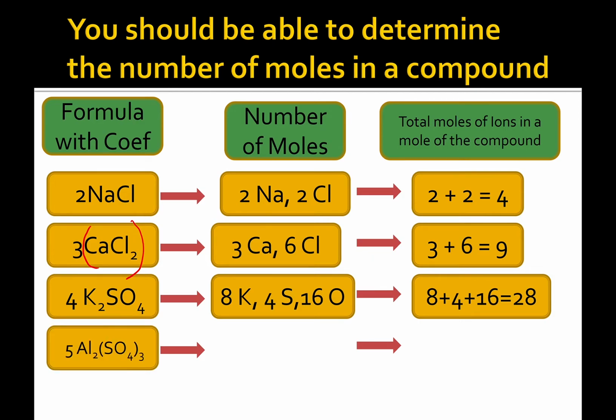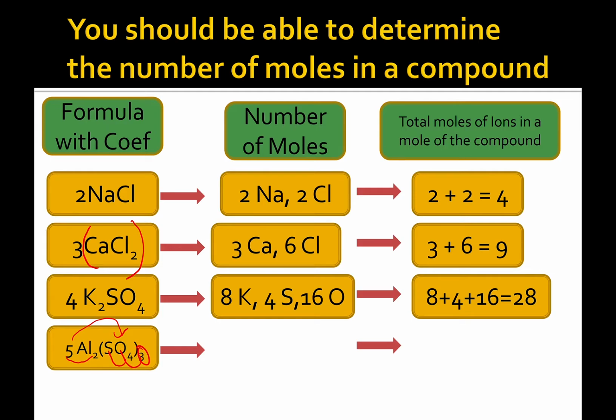And with 5 aluminum sulfates, this is going to give us a lot of moles here. We multiply the coefficient times the subscripts. We do this here, and then we do the same thing with the 5 here, getting distributed to everything inside of that parentheses, either before or after you distribute the 3 to the oxygen and to the sulfur.